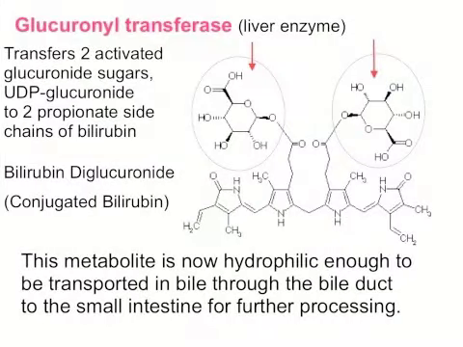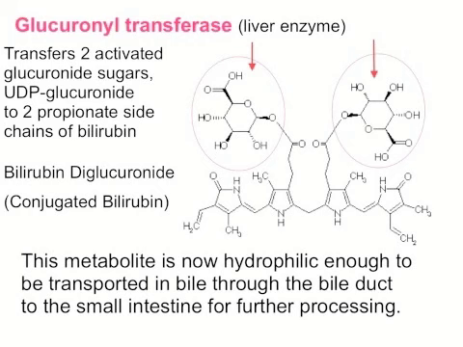The enzyme that catalyzes the transfer of glucuronide to bilirubin is called glucuronyl transferase, and this is a liver enzyme. It's going to transfer two activated glucuronide sugars, UDP glucuronide, to the two propionate side chains of bilirubin to make bilirubin diglucuronide. This is also known as conjugated bilirubin.